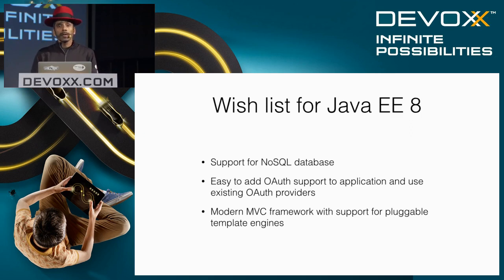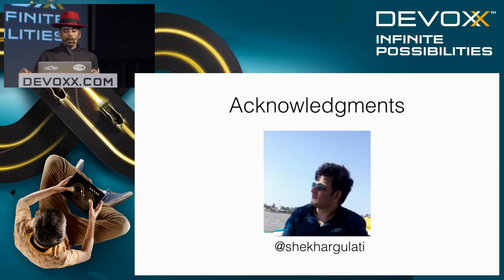The MVC framework in Java EE 8 requires only JSP and Facelets to be supported, but there will be an SPI, so potentially somebody else could build a pluggable templating engine for MVC, like for Thymeleaf maybe.